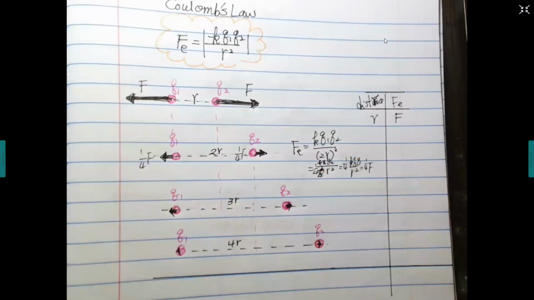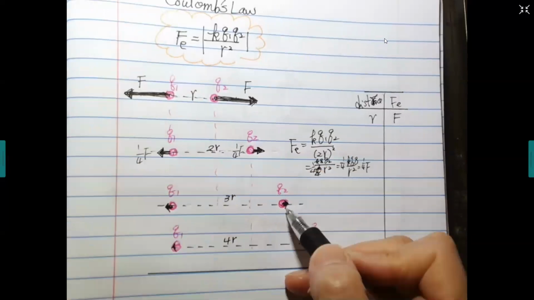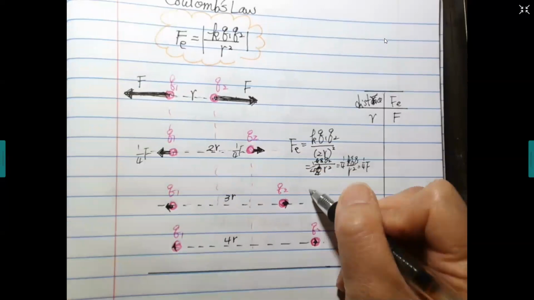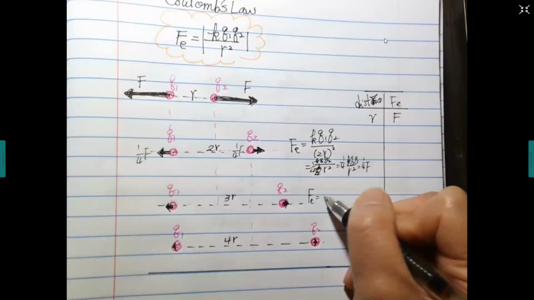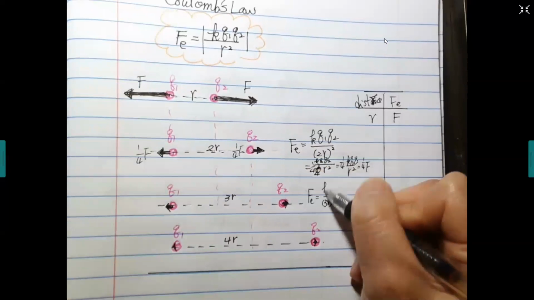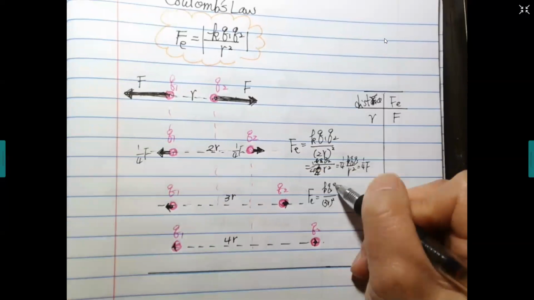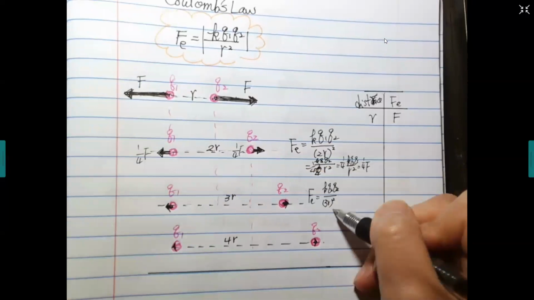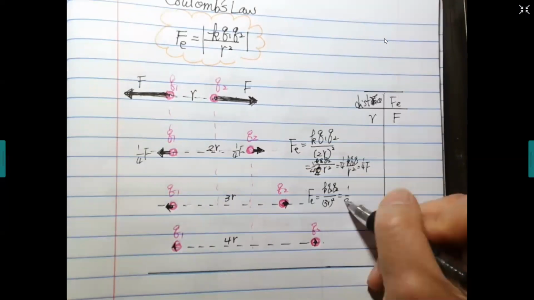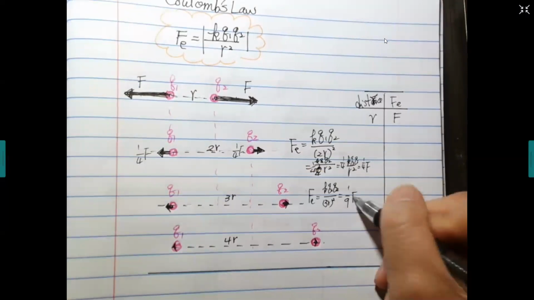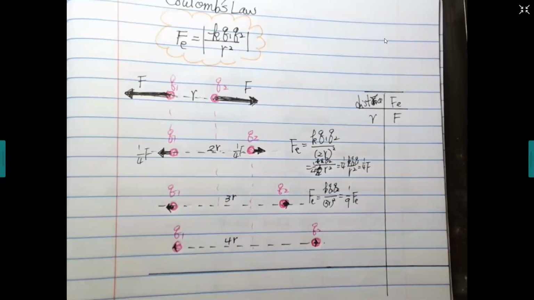quartered. But what happens if the separation is tripled? What happens to the force? Now, when the separation is tripled, our electric force will equal K Q1 Q2 over 3r squared. This part is the force F, and this one here is 1/9, meaning the electric force will become 1/9 if the separation is tripled.